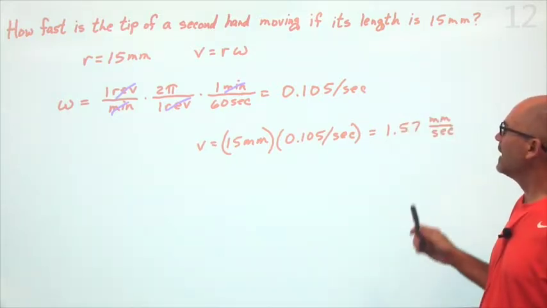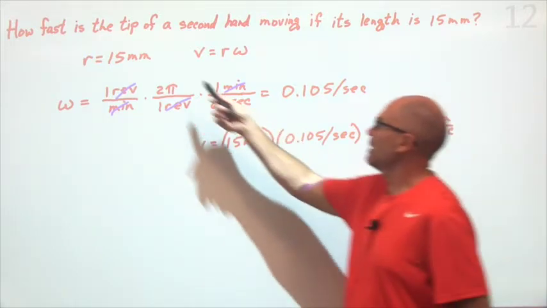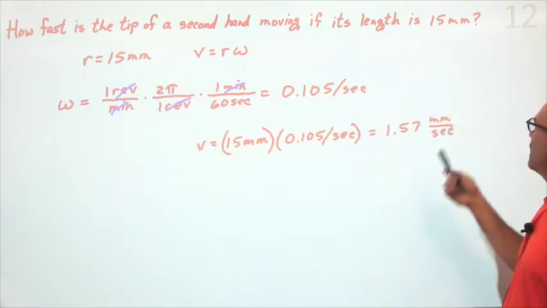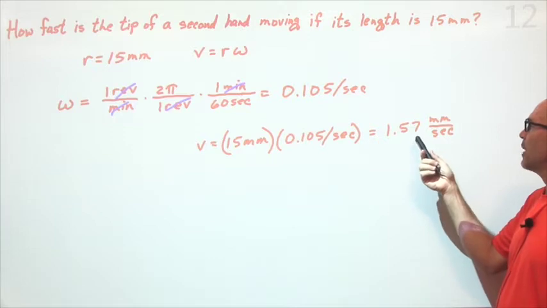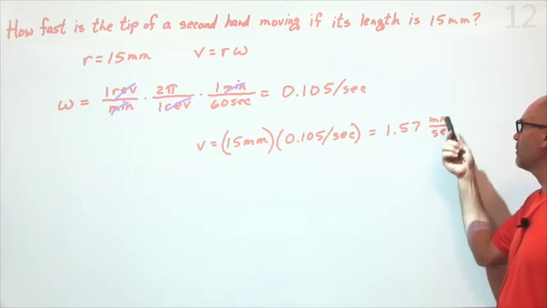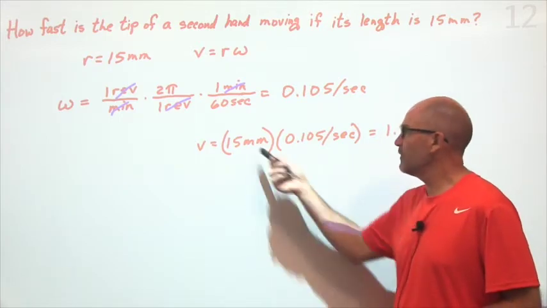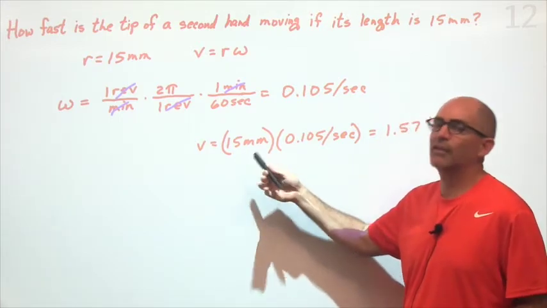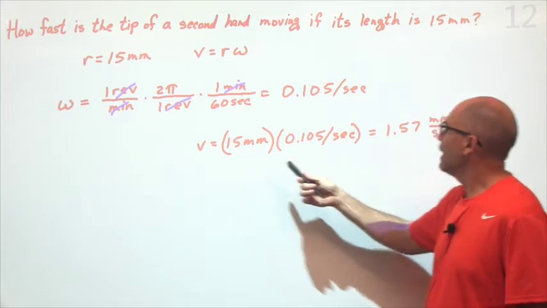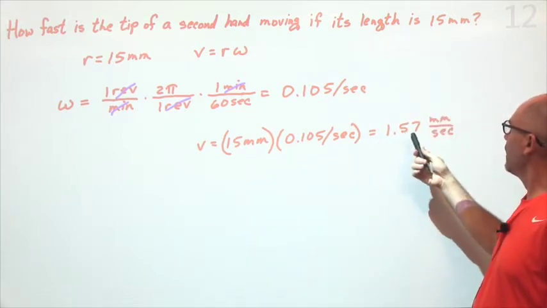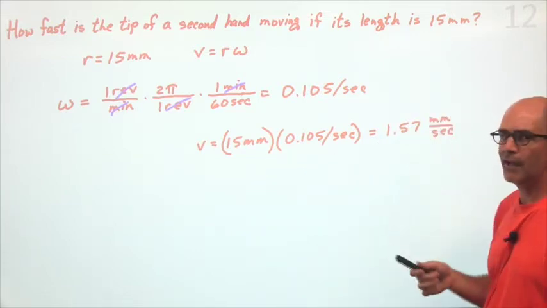Now, if the hand is 15 millimeters long, then it makes sense that it would be traveling 1.57 millimeters per second. Now, if the hand was 15 feet long, so this is a huge clock, now we would have 1.57 feet per second that it's traveling.